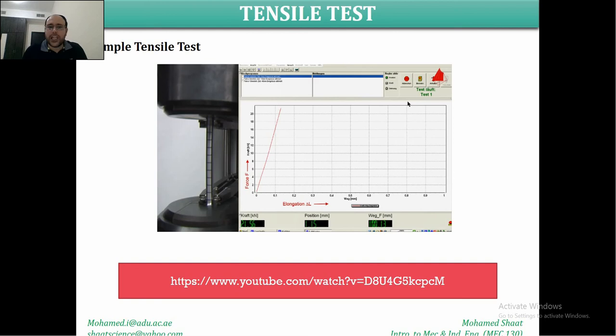And this is typically what is going to happen to this material sample at this instant of time. For example, if I decided to stop the machine and remove the force, the material length will be restored back to 100. Now, at this instant, the material length is 100.13 millimeters.